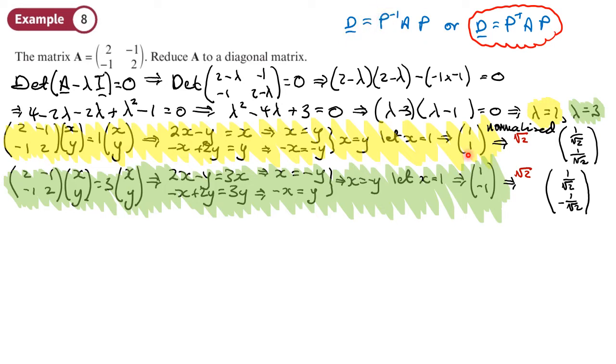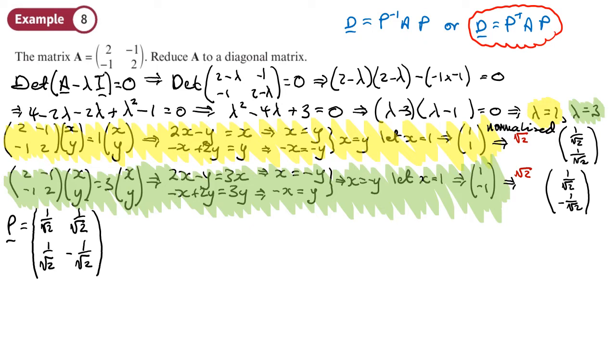We just form a matrix P of the eigenvectors, sorry, the normalized eigenvectors. Its columns are going to be these normalized eigenvectors. So 1 over root 2, 1 over root 2, and the second column 1 over root 2, negative 1 over root 2.